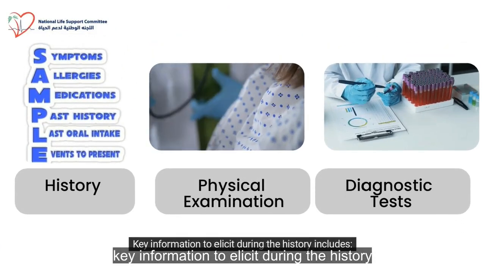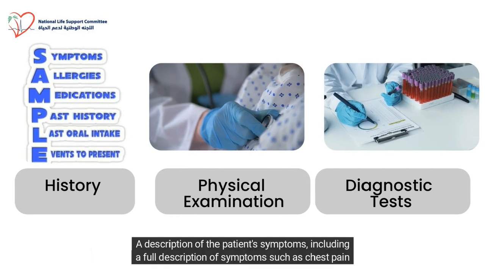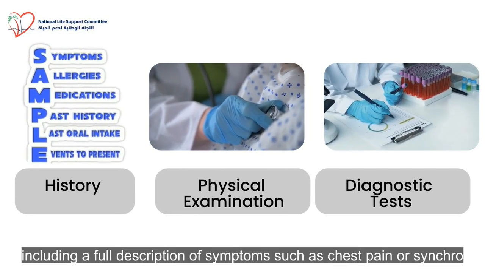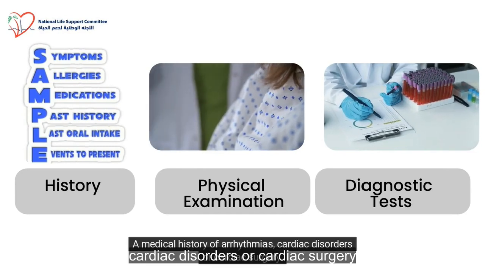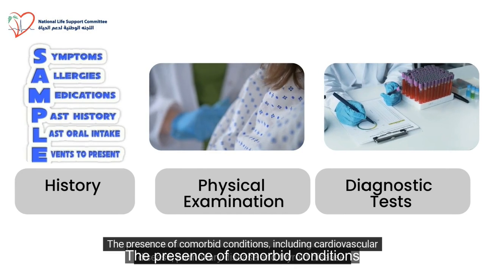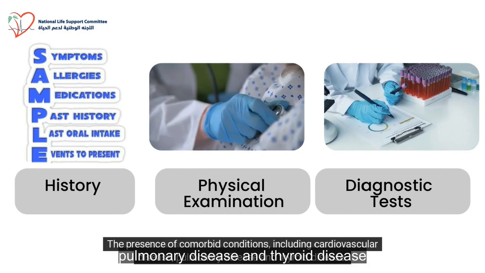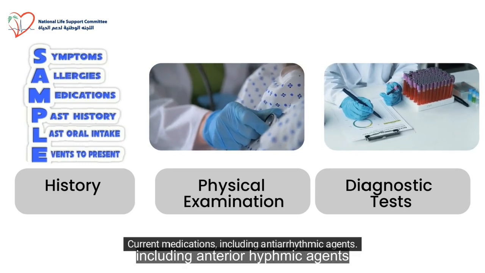Key information to elicit during the history includes a description of the patient's symptoms, including a full description of symptoms such as chest pain or syncope, a medical history of arrhythmias, cardiac disorders, or cardiac surgery, the presence of comorbid conditions, including cardiovascular disease, pulmonary disease, and thyroid disease, and current medications, including antiarrhythmic agents.